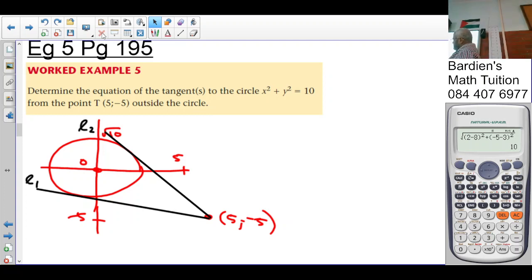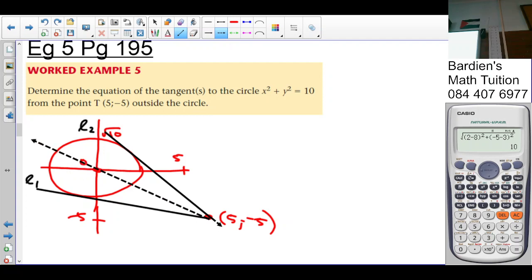So what do we do here? If we draw this line in here, let's draw this line from here through here. Can we determine the equation of that line?